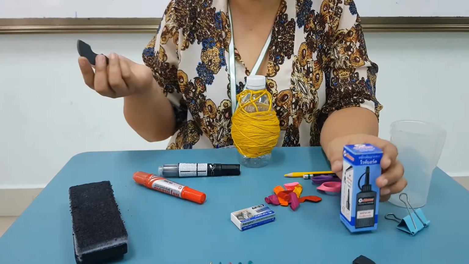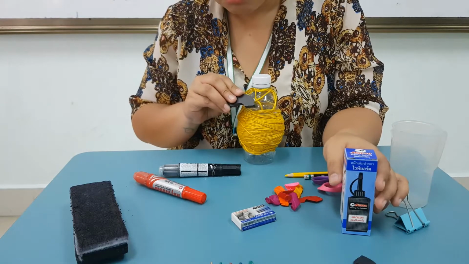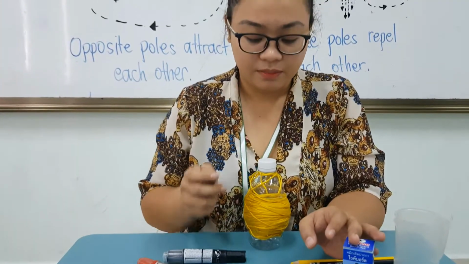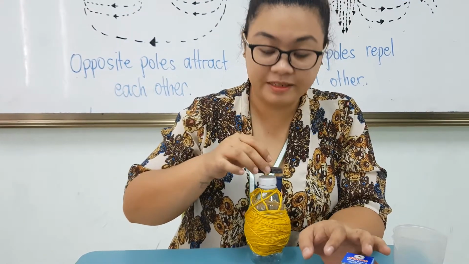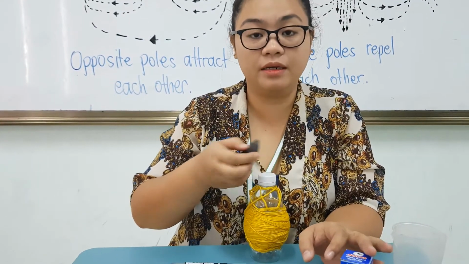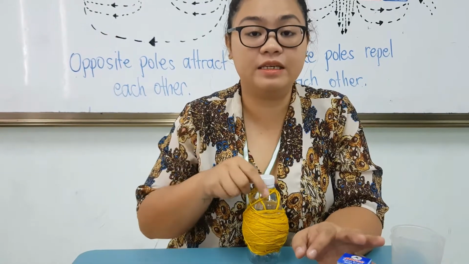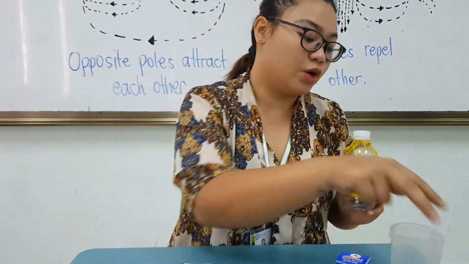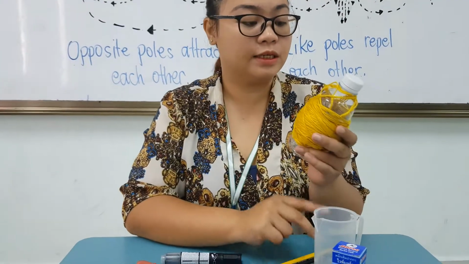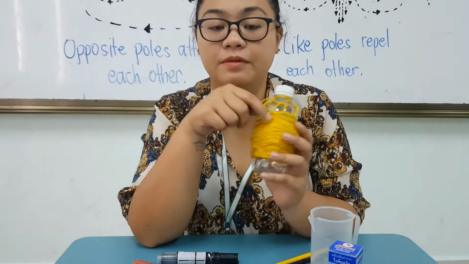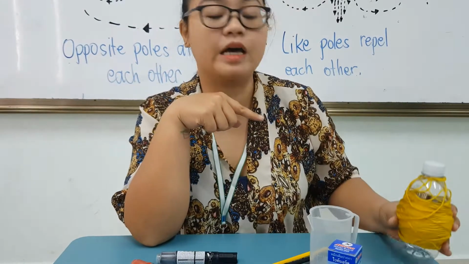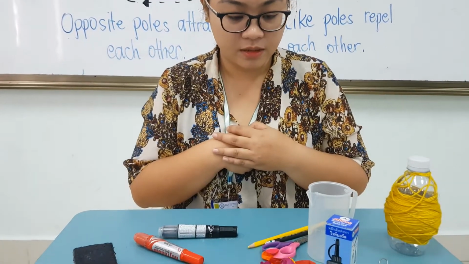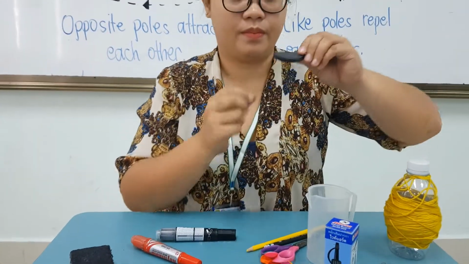No reaction as well. Since the bottle does not stick or react to the magnet, we can say that this is non-magnetic material. So, both the bottle and the yarn are non-magnetic materials, and we will put them on this side of the table.